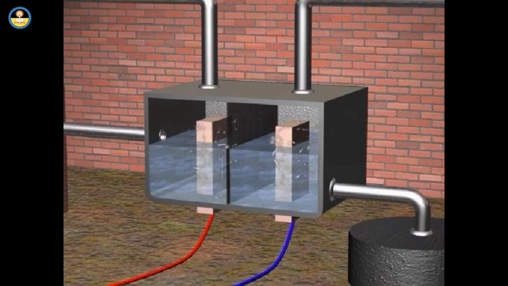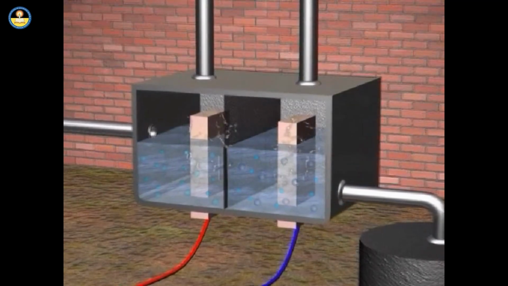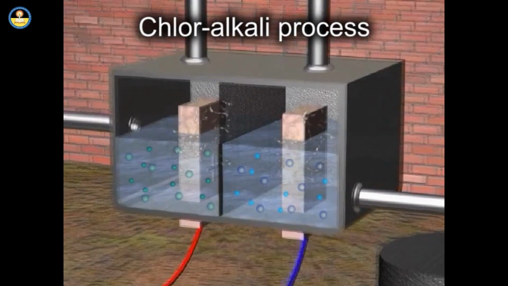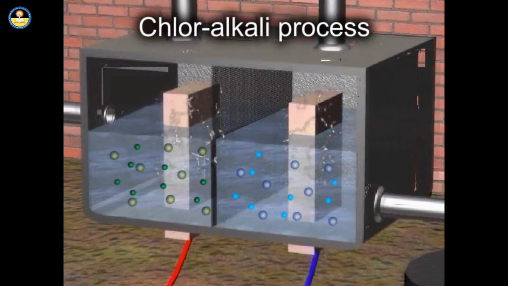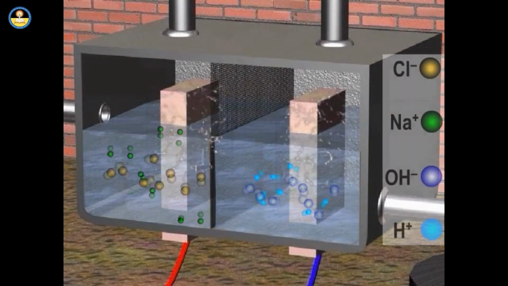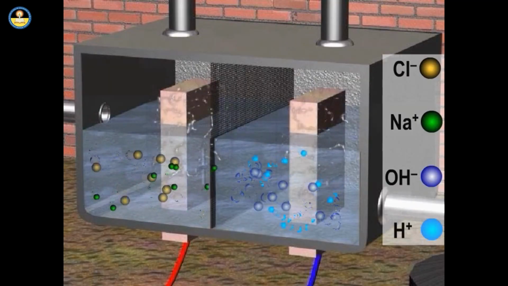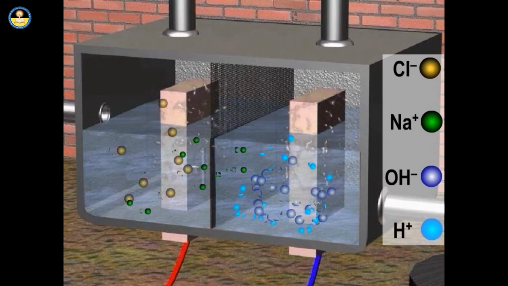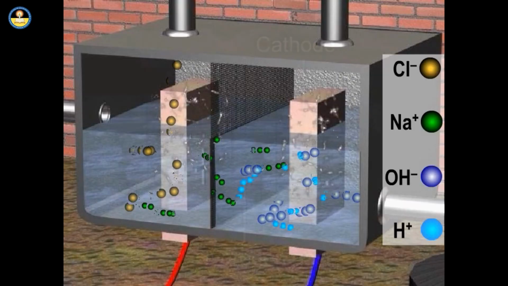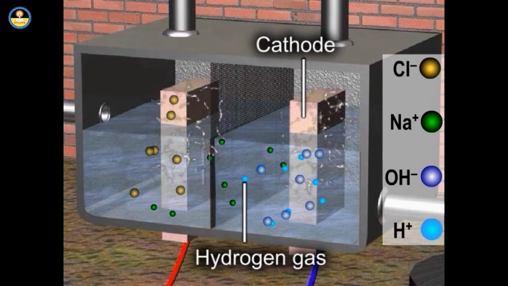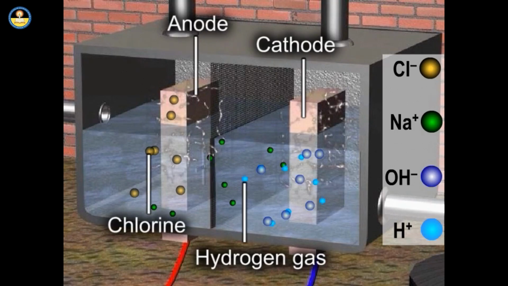The process of electrolysis is known as chloralkali because of the products formed, that is, chlor for chlorine and alkali for sodium hydroxide. In this process, hydrogen gas is evolved at cathode and chlorine at anode.